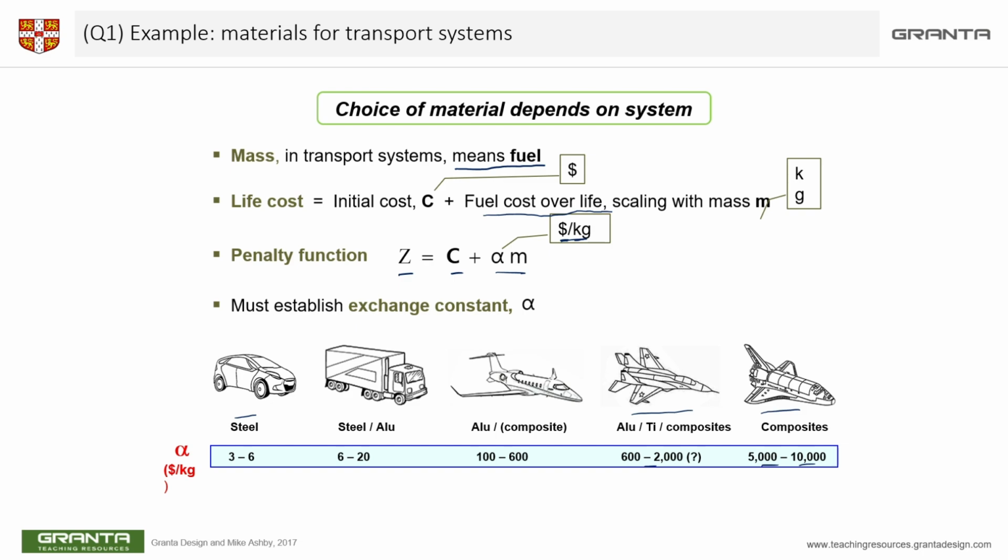And the typical value that you'll have for alpha in terms of dollars per kg for a passenger vehicle, a small vehicle essentially, which is typically made out of steel, is between 3 to 6. Okay, and why is it so?